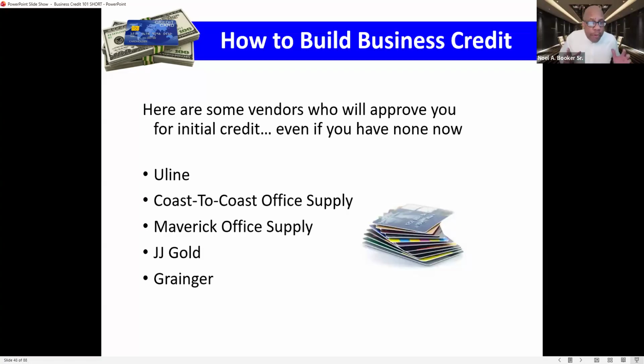If you build business credit on your own and go to a company and ask what you need to qualify, they'll tell you to fill out this application and they'll tell you if you qualify. They're not going to tell you what they need to approve you. We know that already though.